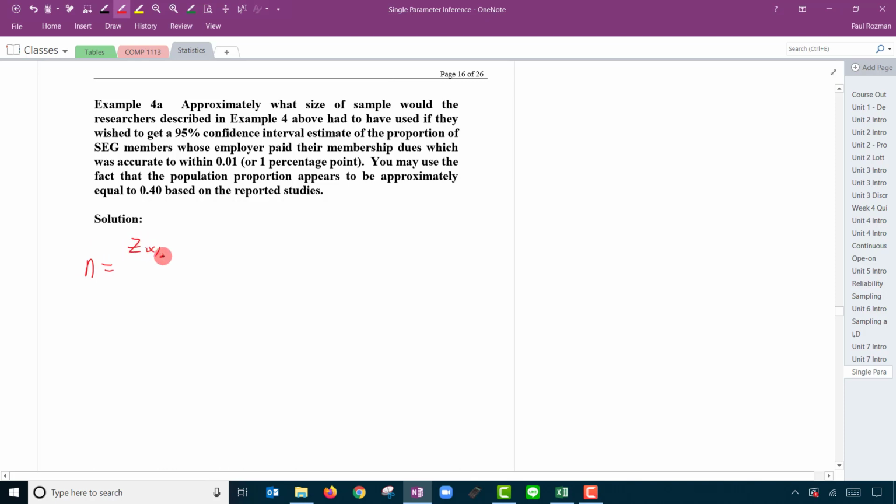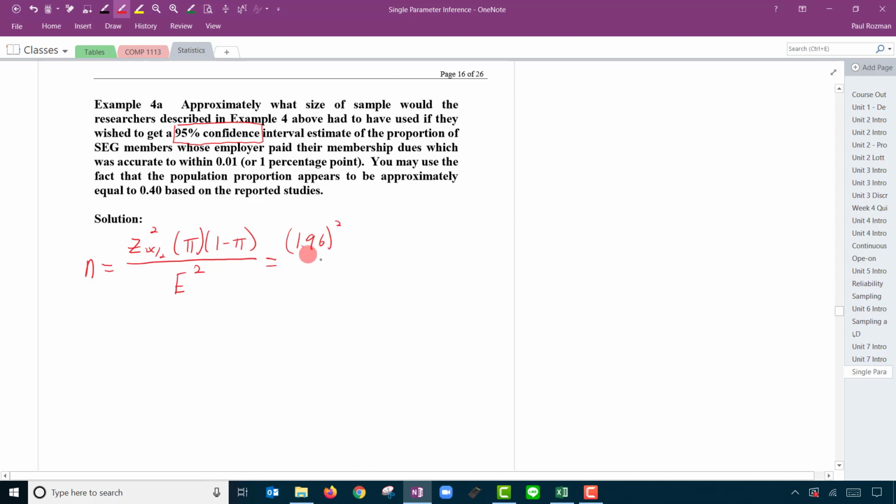It was z alpha over 2 squared times pi times 1 minus pi all over e squared. We can get the z-score if we're going to continue to be 95% confident. The z-score is just that, we're going to be real familiar with 1.96.